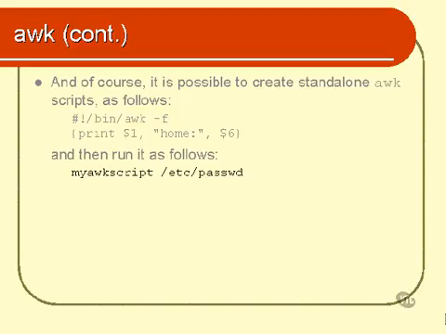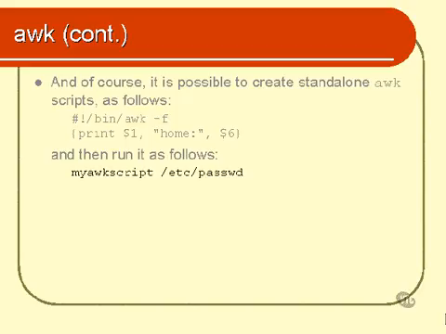Notice that username is 1, 2, 3, 4, 5, 6, 7, 8, 9, 10, 11, 12 characters wide, and directory is 20 characters wide if you go all the way to there. And because these 2 lines of code have been created inside the begin statement block, they will be printed out once and once only at the beginning of the program, whereas this line here will be printed out once for each line of input.